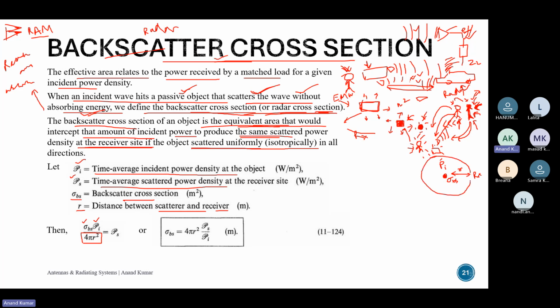So if we take a surface area all around the scatterer, its area would be 4 pi r square.